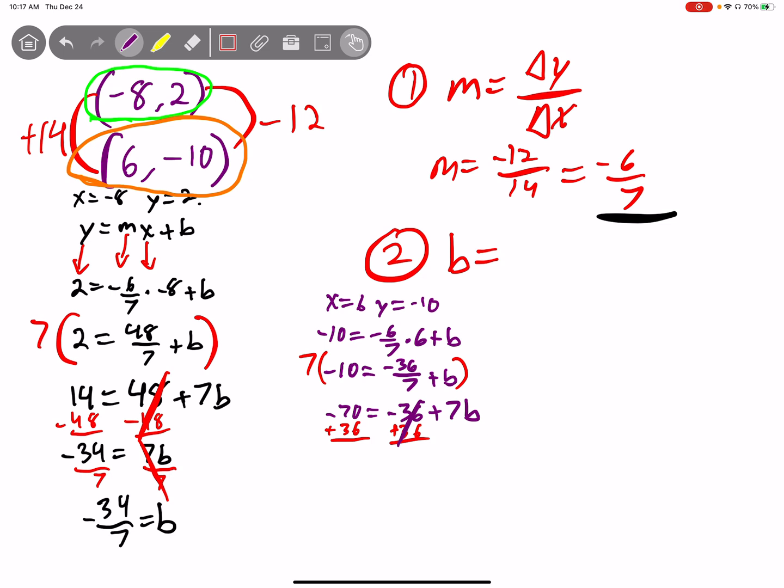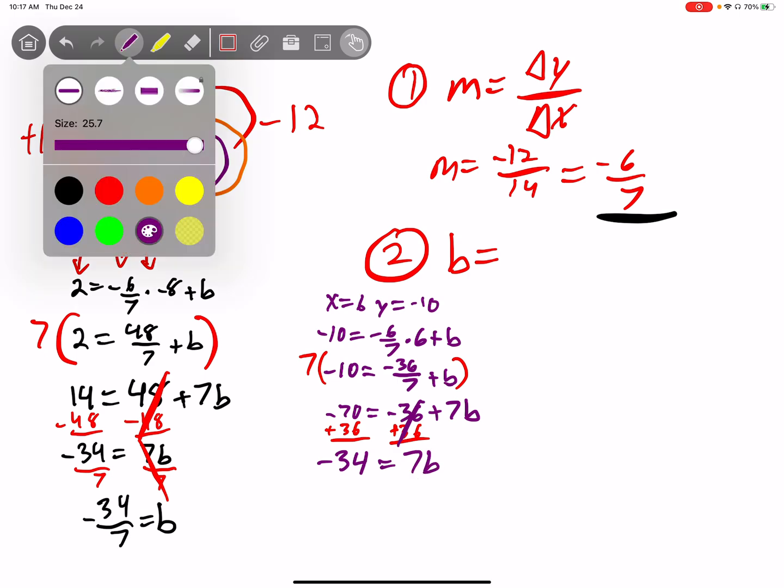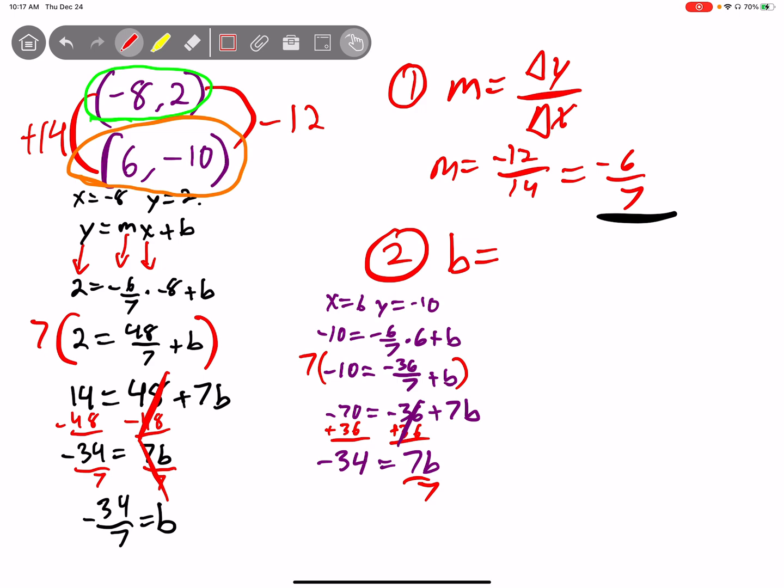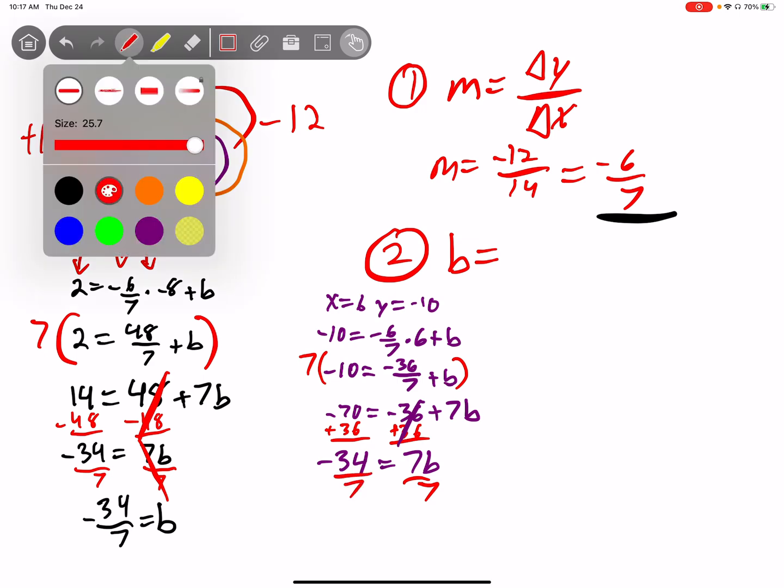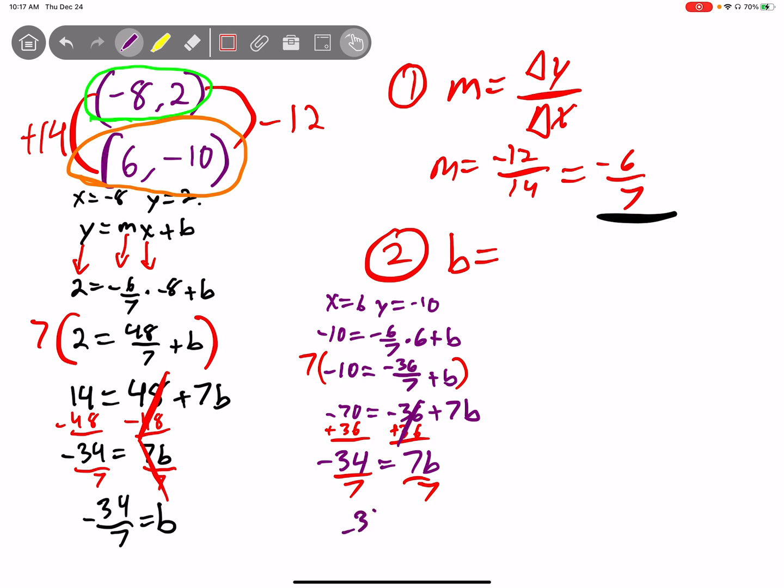It's negative 70 plus 36 gives me negative 34 equals 7b. Then I have to divide both sides by 7. And again, I get negative 34 over 7 equals b. Okay? So b equals negative 34 over 7.